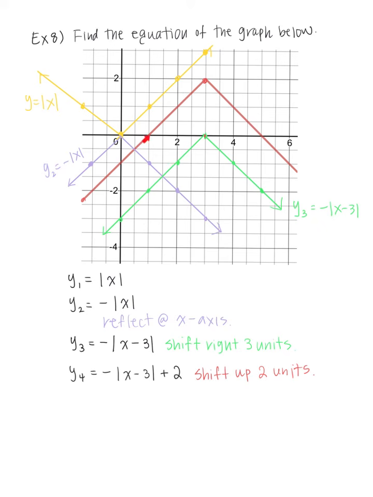This point's going to go 2 units above, so that is exactly what we want. So let me just write down the answer. Therefore, the function that we're looking for is negative absolute value of x minus 3, and then plus 2. So this is going to be our answer.